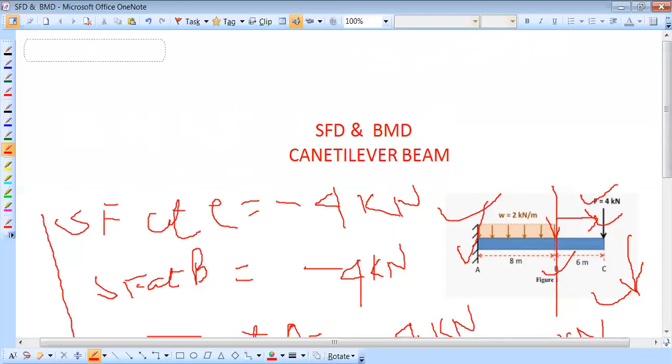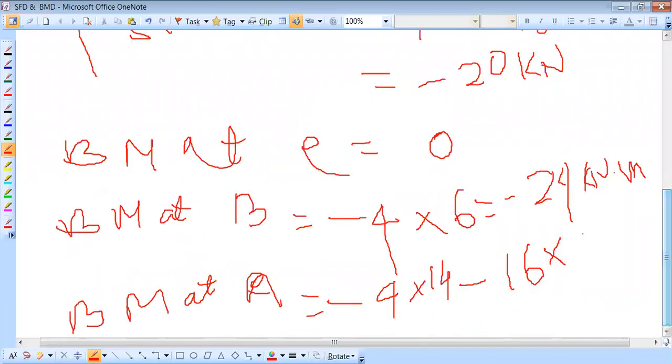We take the distance from the middle of the span, because by the rule of UDL the load acts at the middle, that means 8 by 2, which is 4. So 4 into 14 is 56. So minus 56.